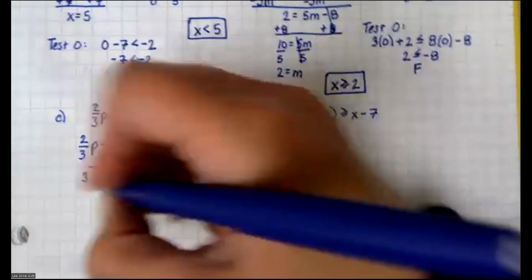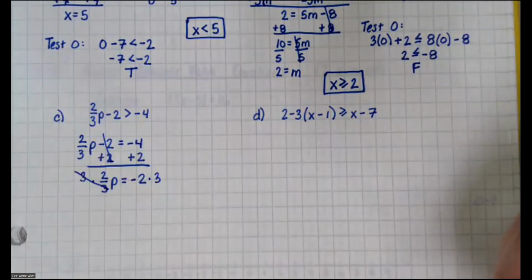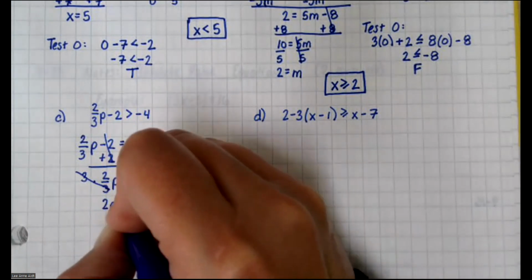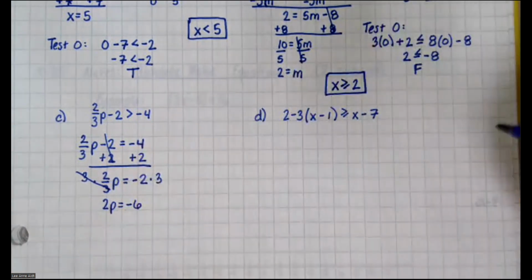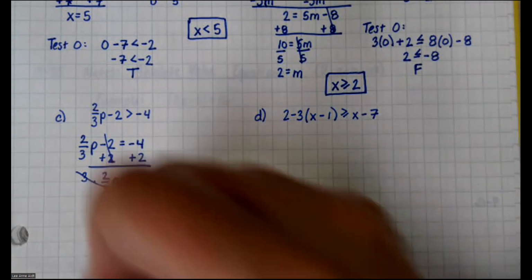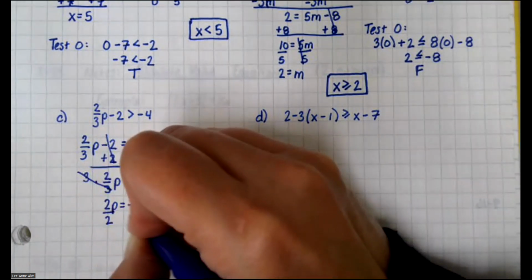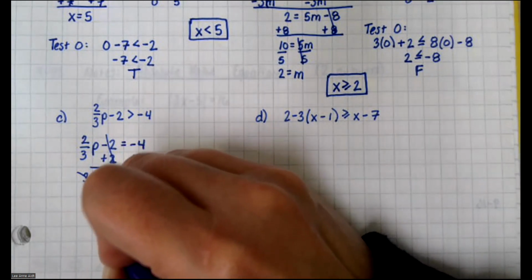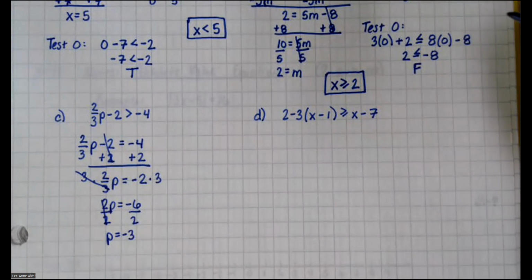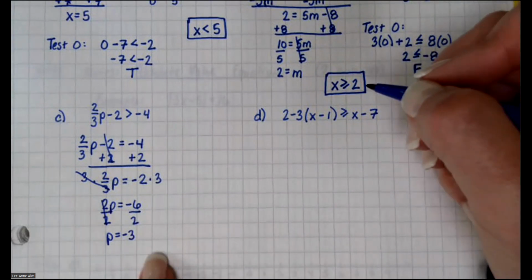That's kind of the fraction busting, which will get rid of the 3 on the bottom. Doesn't that look better? Divide by 2, divide by 2. P equals -3.